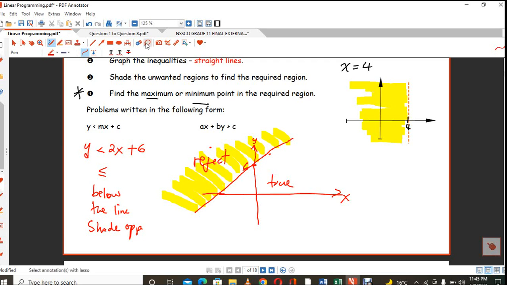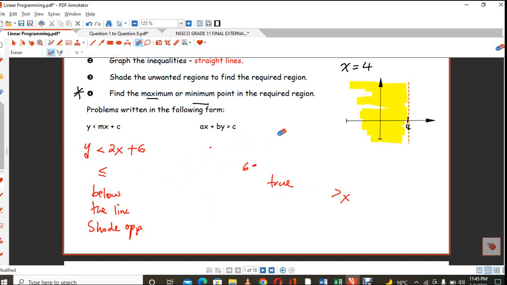The same can also be said if you have an inequality of this nature. So you have an inequality, let's say y is greater than, let's say, 2x plus 3, or the inequality is greater than or equal to. So again, you have to draw that.